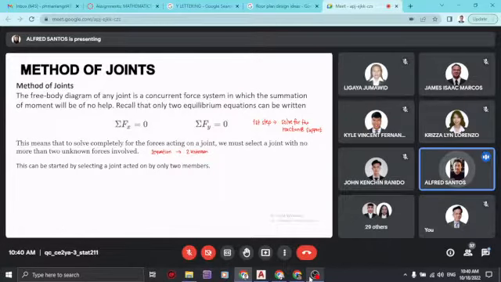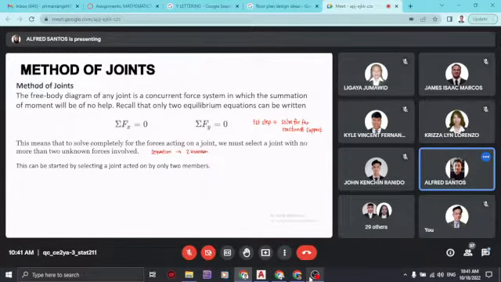So pipili ka ng joint kung saan yung naka-attach na member sa kanya, dalawa lang. Okay? So may mga joint kasi na minsan 5 yung naka-attach na member, 4, 3. So ang pipiliin mo, ang starting joint mo is yung joint na may 2 members lang na naka-attach.